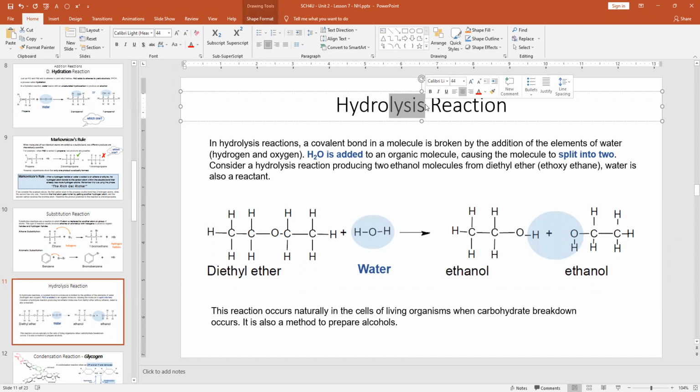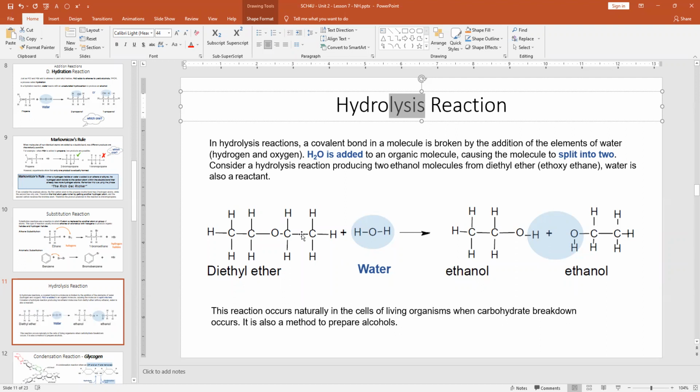So in the hydrolysis reaction, you have a covalent bond in a molecule, and it is broken by the addition of water, which is made up of hydrogens and an oxygen atom. So the H2O is added to this molecule, causing the molecule to split into two. Water is used to lyse, to break this covalent bond and result in two new molecules.